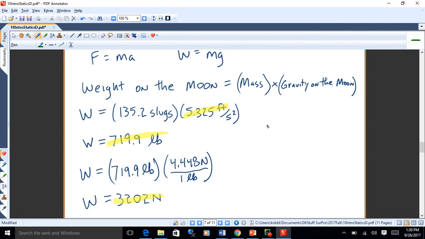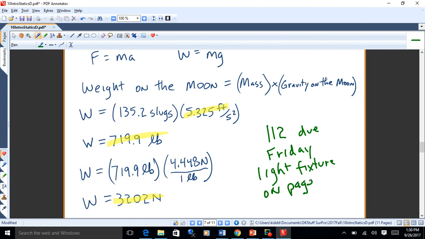So let's keep that in mind. So 112 is due this Friday. It's problem 112. It's a light fixture. It's in the homework section of your packet, okay? So that's page 112. Everybody okay with that?